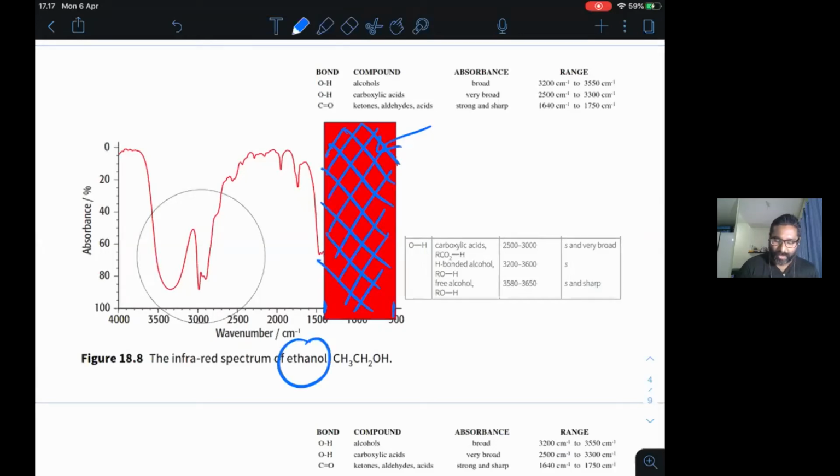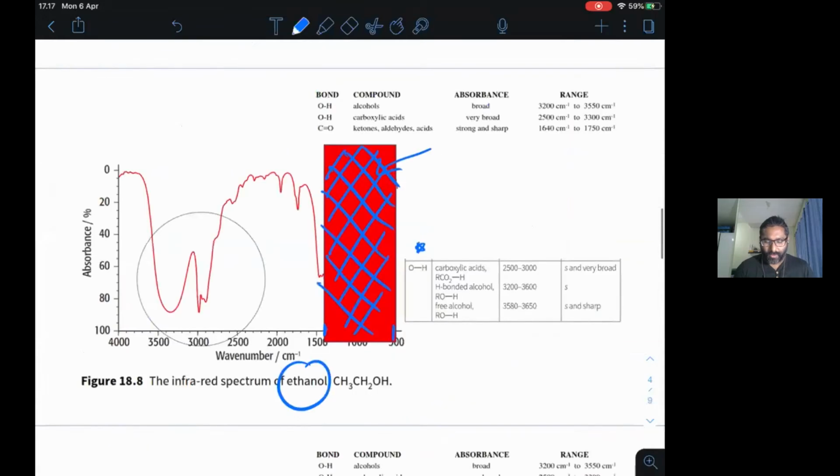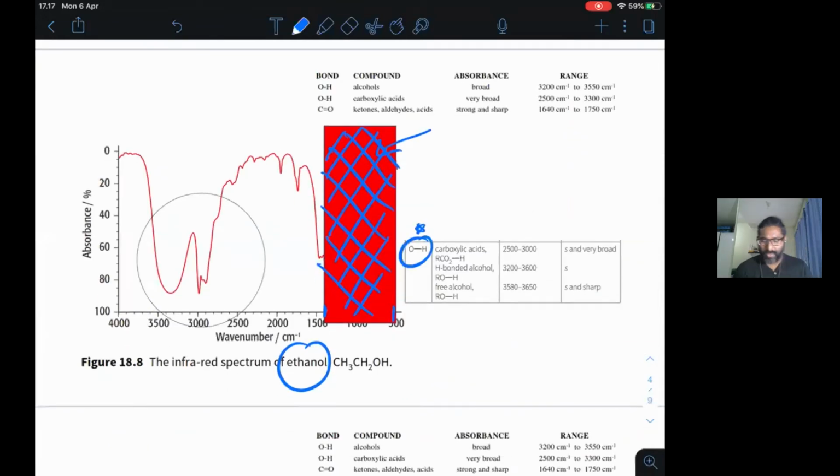And I have actually cut and given you some example from this table, saying that if it is alcohol, this is going to be OH.